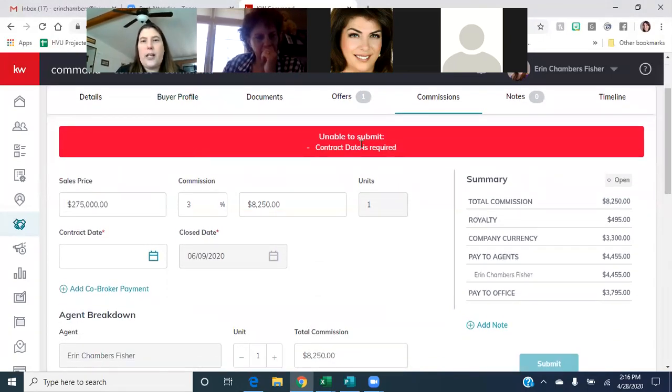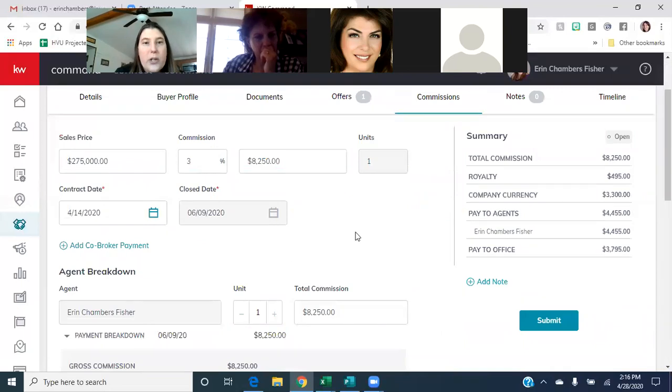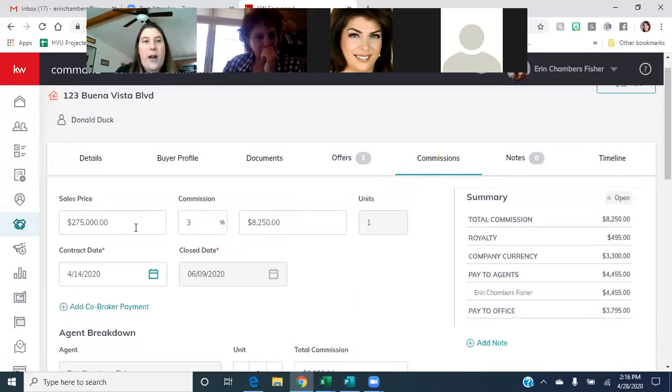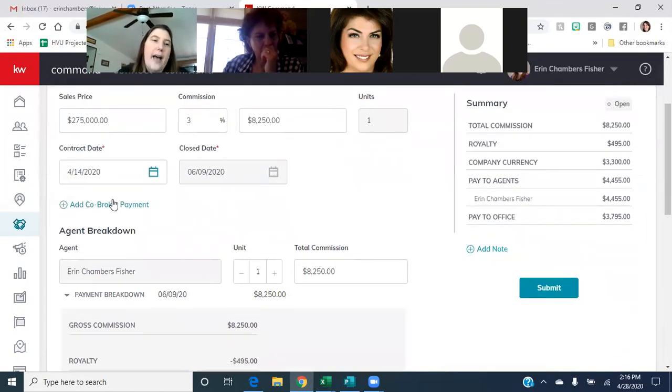So now it's telling me that I missed my contract date because there was no place to put the contract date in the other part. So you'll have to add your contract date, and you're going to see here, it's going to start at the very top. It's going to pull over your sale price, the commission that you entered when you created the opportunity, and your commission here. So this is where it's going to start first. Now, if you happened to have a payment to a co-broker, you're able to put that in here.